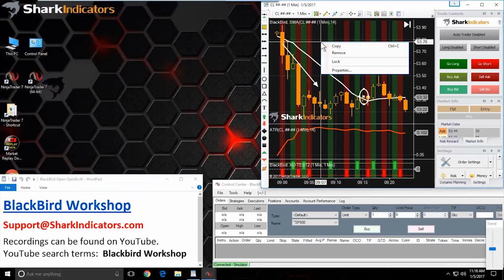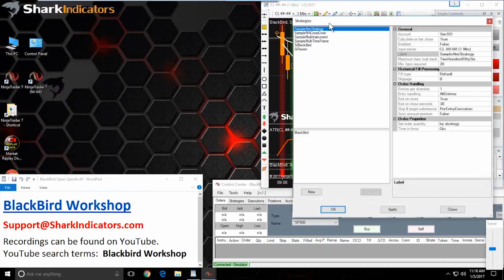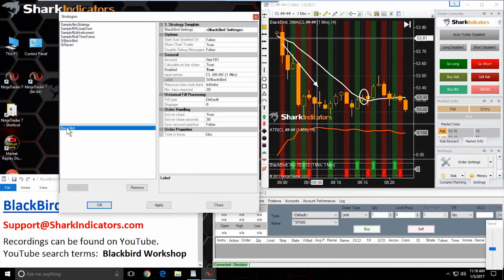It all depends on your calculate on bar close. This NinjaTrader setting really determines whether you're evaluating tick by tick or on a bar close.